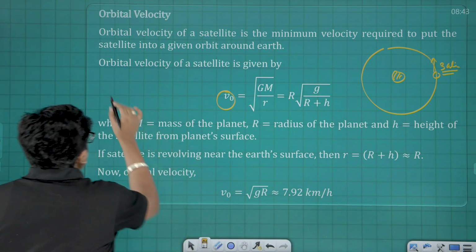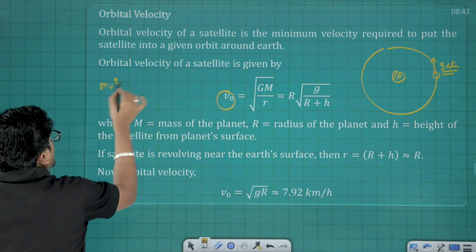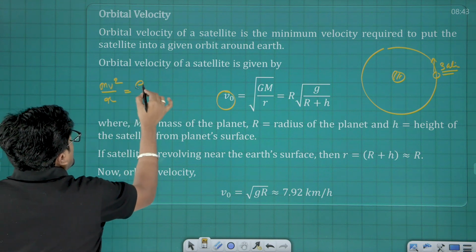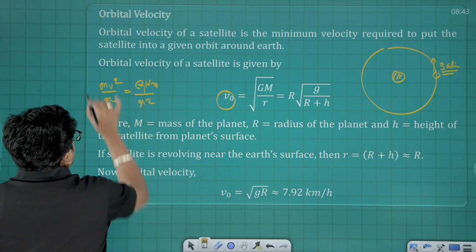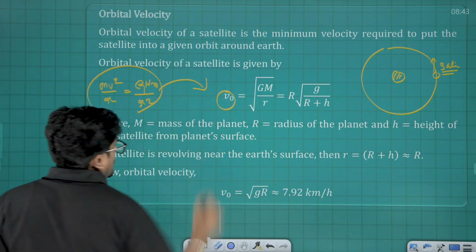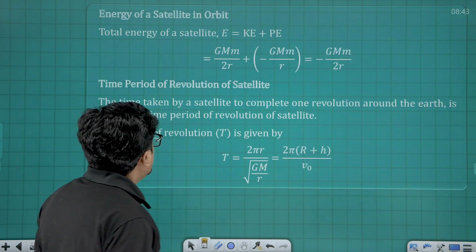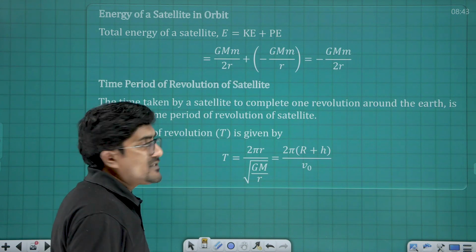And I already told you how to calculate that. mv square by r is provided by the gravitational force of attraction between the satellite and the Earth. Solving this, you will get this relation. That's all. The next one is the energy of the satellite.